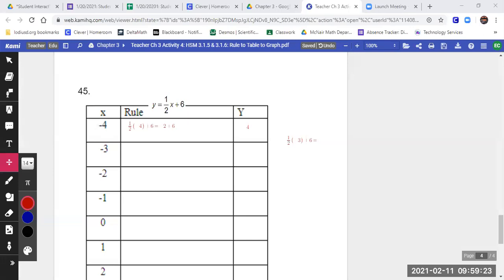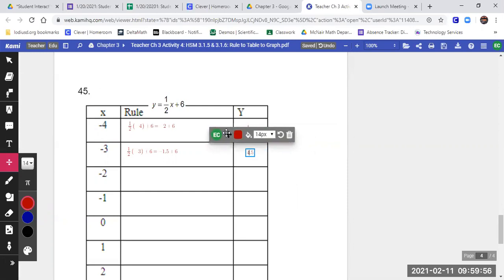Half of -3 is not 3. -1.5, yes. And then I have to add 6 to it. So what am I going to get? Use your calculators. 4.5.